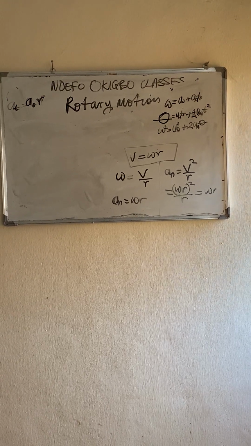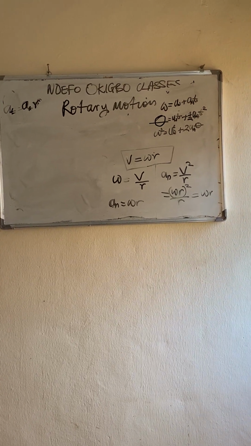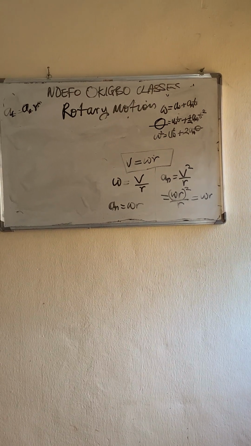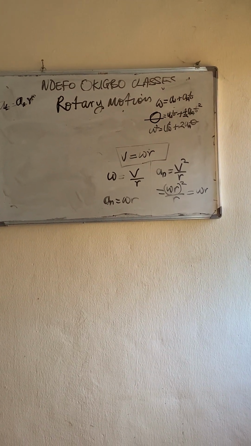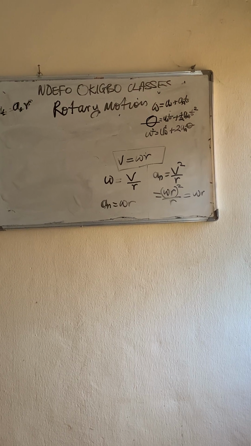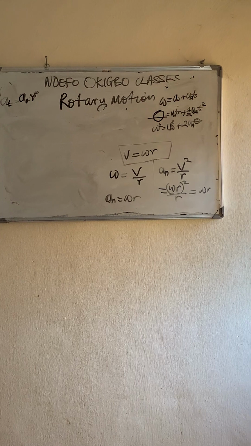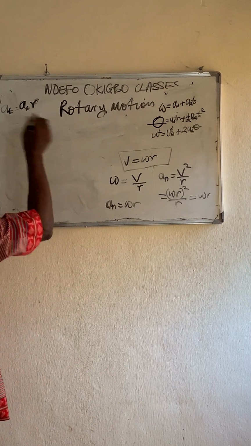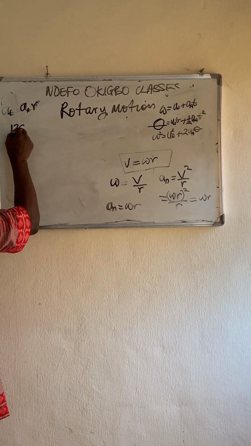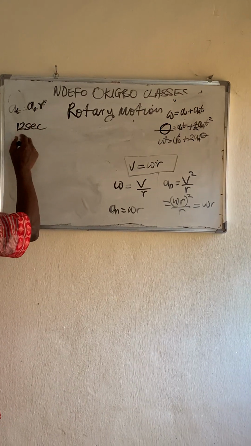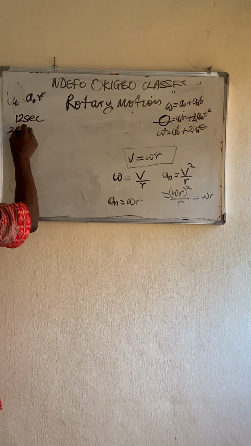In 12 seconds of rotation, a point on the wheel has a velocity of 24 meters per second.